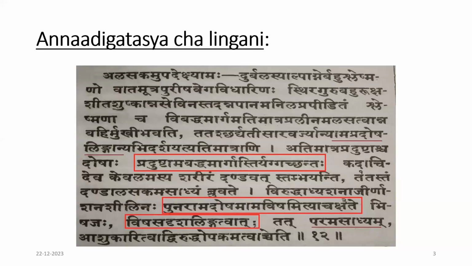If you see Visha Sadrisha Lingatvat, straight away, if you go to the symptoms of Dushi Visha, आमाशयस्ते कफवातरोगी पक्वाशयस्ते अनिलपित्तरोगी भवेन्नरो ध्वस्तशिरोरुहाङ्गो विलूनपक्षस्य विहङ्गः is the comparison and the placement of these Annadigatasya Chalingani, Visha Sadrisha Lingatvat due to Anna Visha.